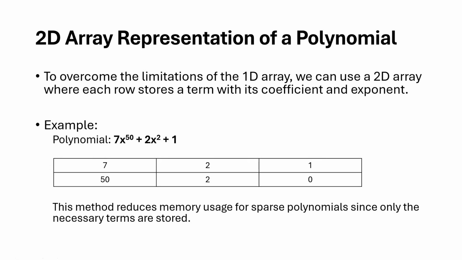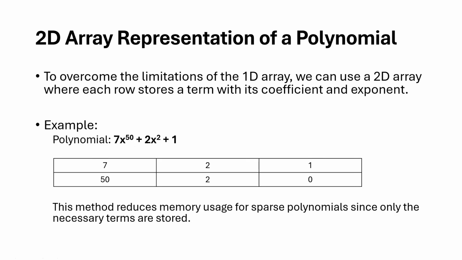So basically we have 3 terms. That's why we will create one two-dimensional array with dimension 2 cross 3. That means we will have 2 rows and 3 columns, right?